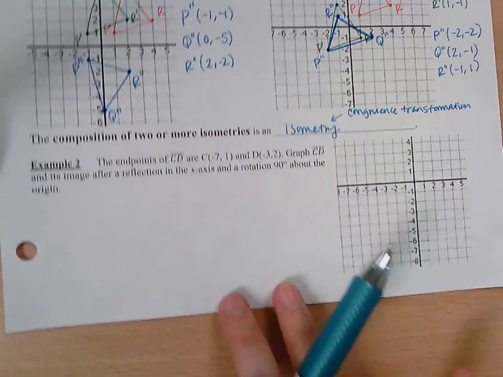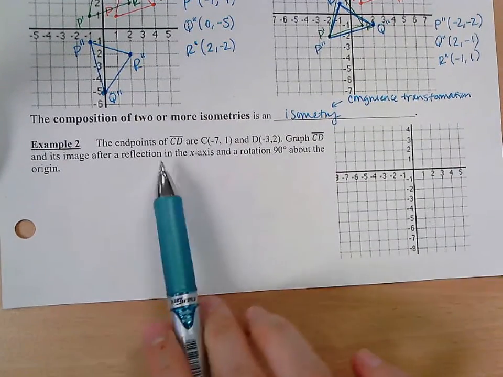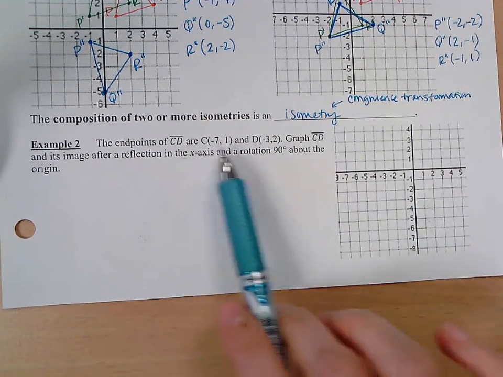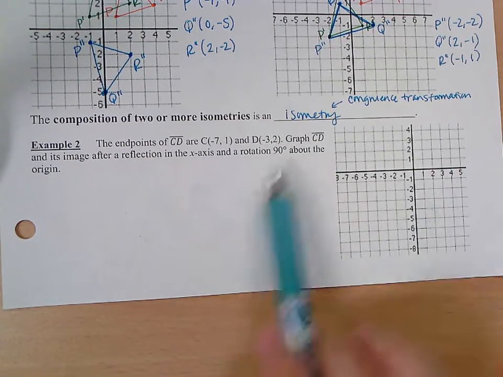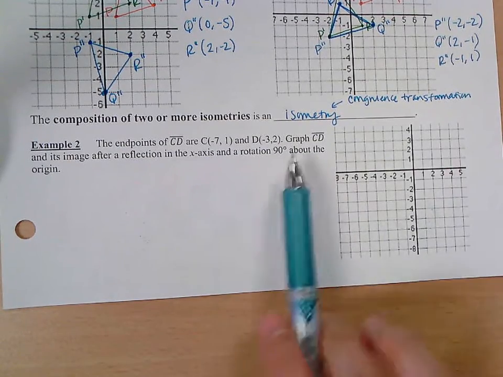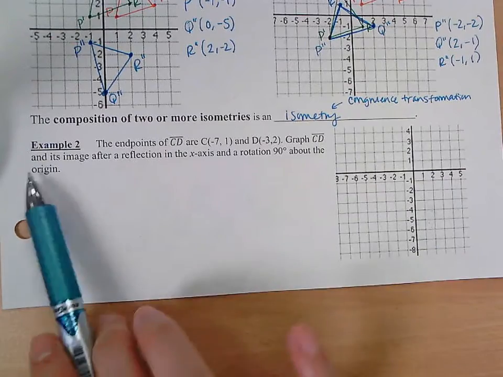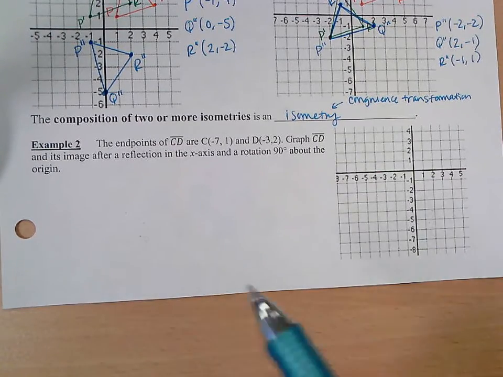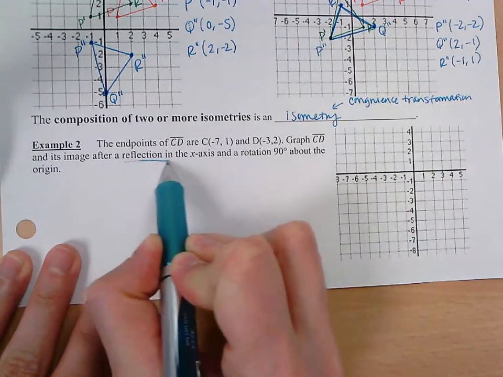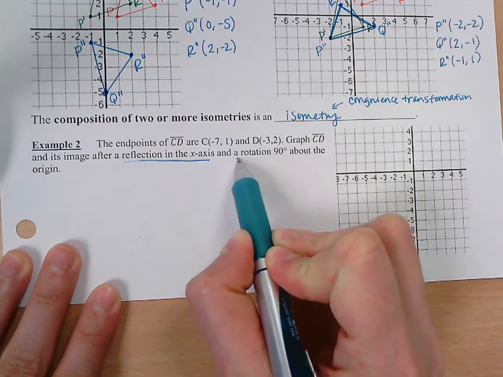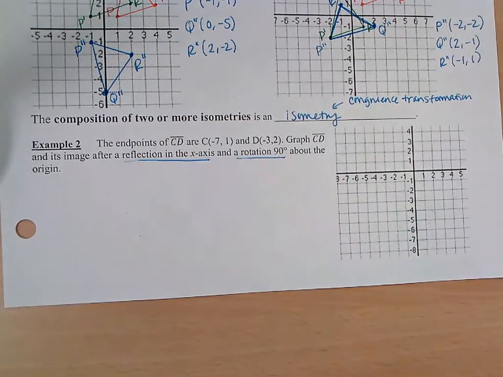So example 2, this is saying the endpoints of segment CD are, and it gives us those 2 points. So it's just a segment, graph segment CD and its image after a reflection in the x-axis and a rotation 90 degrees about the origin. So now we are reflecting and then rotating.